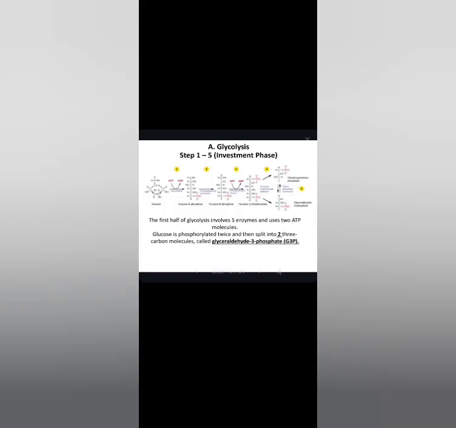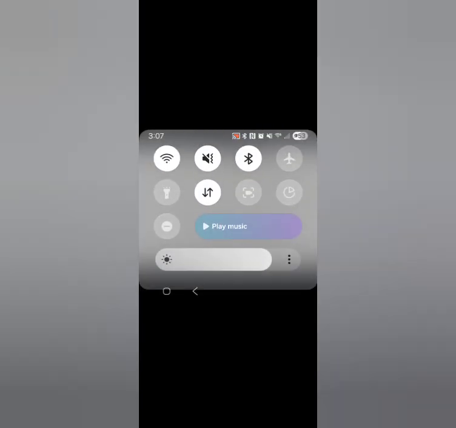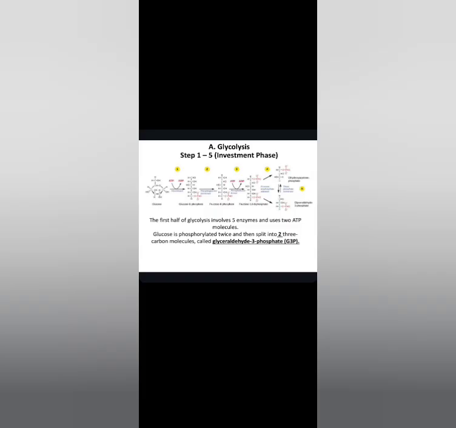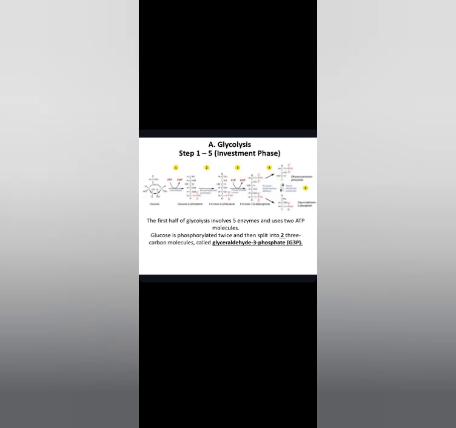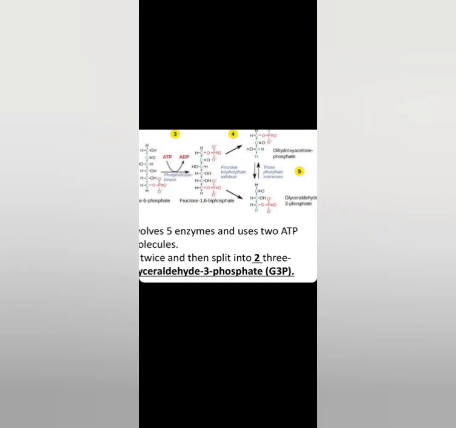Okay, so all of this is in the slides. At the end of step 5, you have again these 3 carbon molecules with 1 phosphate, and this is glyceraldehyde 3-phosphate, because the phosphate is on carbon 3. Now, in this first half of glycolysis, you have taken 1 glucose molecule, which has 6 carbons.